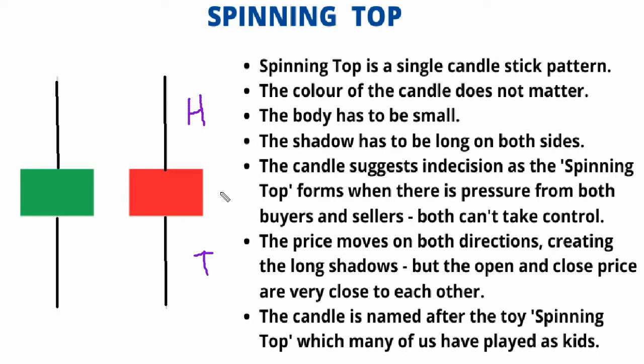The length of the head and the length of the tail should be almost or greater than double the body, and the color of the spinning top doesn't matter, only the longer head and tail matter, and the ratio of head and tail should be around 1:1.